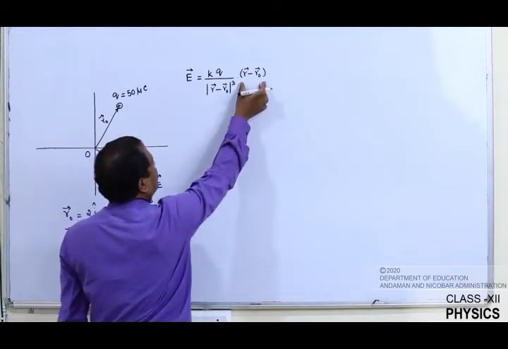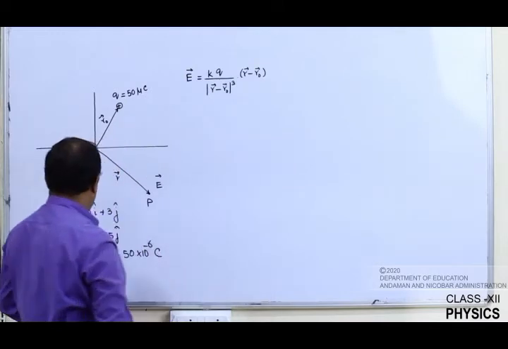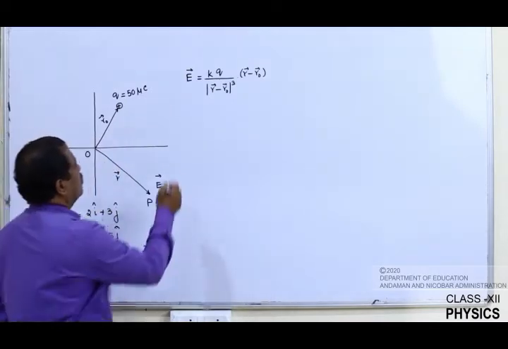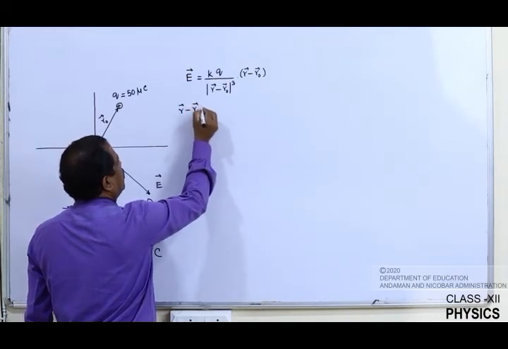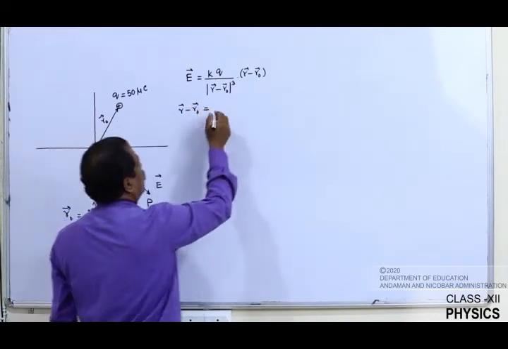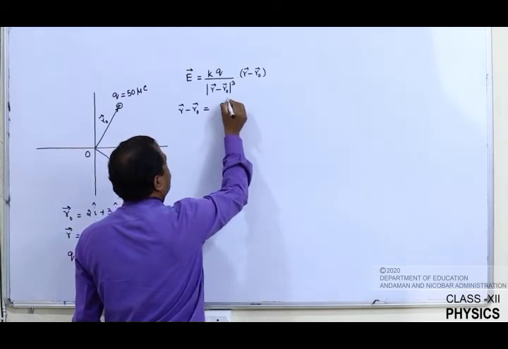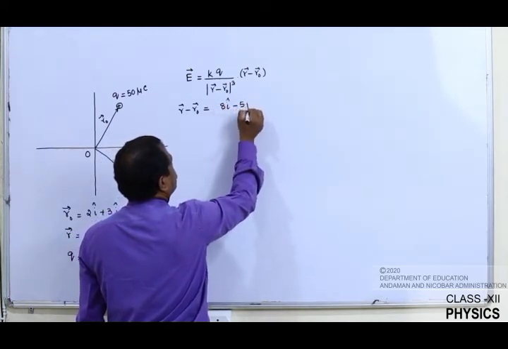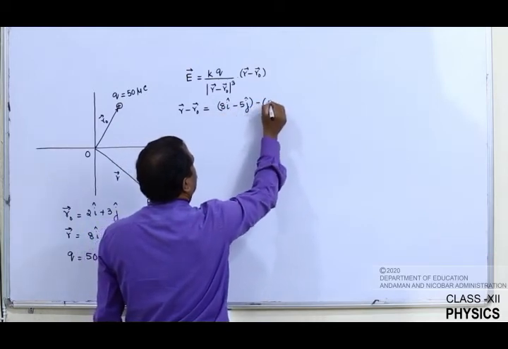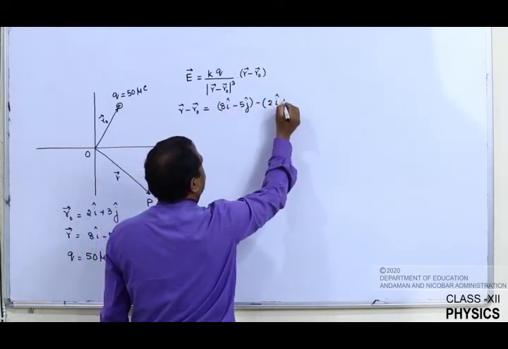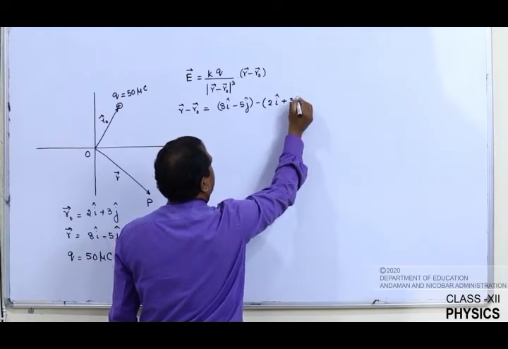So let me calculate first R minus R naught. I have the values of R and R naught. R minus R naught will be equal to 8i cap minus 5j cap, minus R naught, which is 2i cap plus 3j cap.